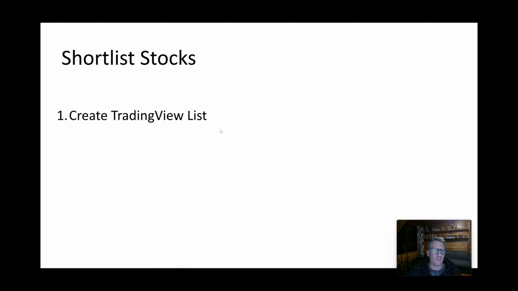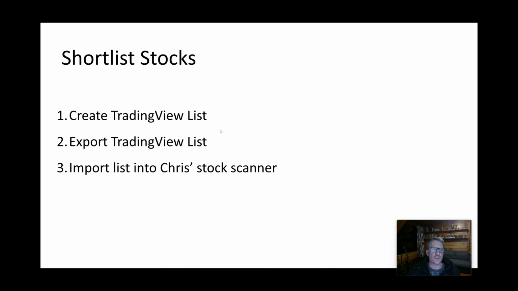The steps we're going to follow are as follows. In the TradingView software, we're going to create a list and export that list to a CSV file. I'm going to show you a custom set of tools that I've developed using Python and published as a web app, which you can access without any prior coding knowledge, to import that list into the stock scanner.